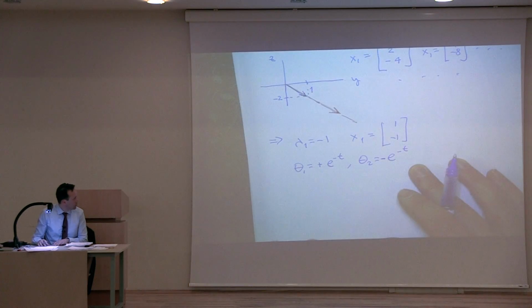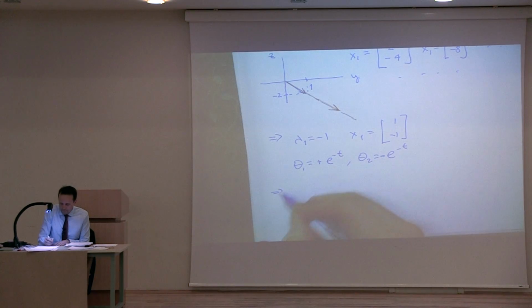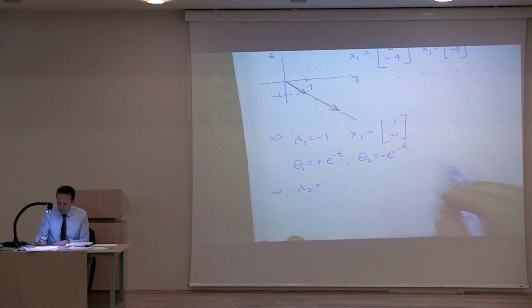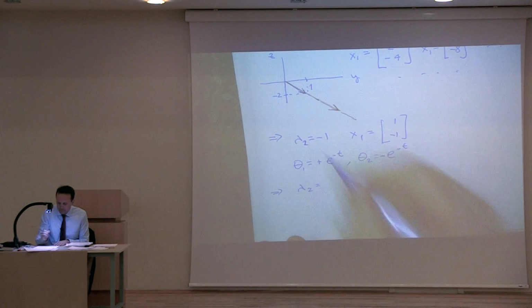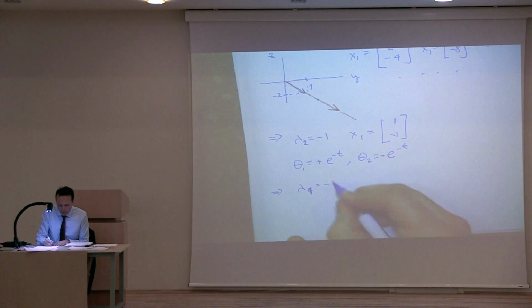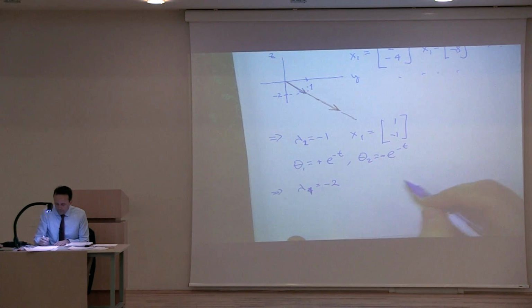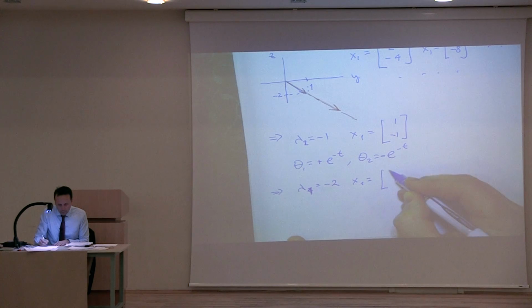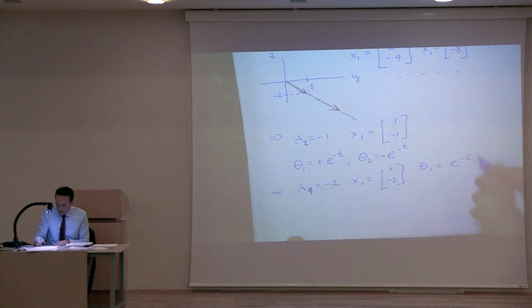And the second solution is lambda 2 is equal to, this is lambda 2, right? Totally confused here. Sorry. This is lambda 1, this is minus 2. And x1 is equal to 1 and minus 2. And therefore, theta 1 is equal to e to the power minus 2t.